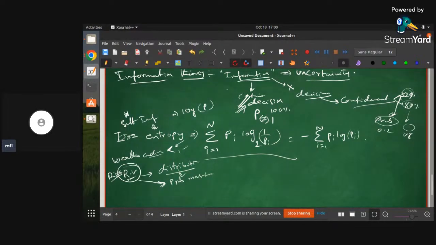It has some distribution, and that is p of x equal to i, or in general, pi.